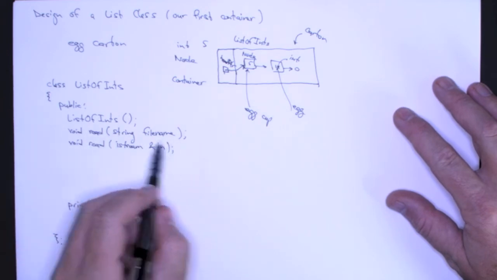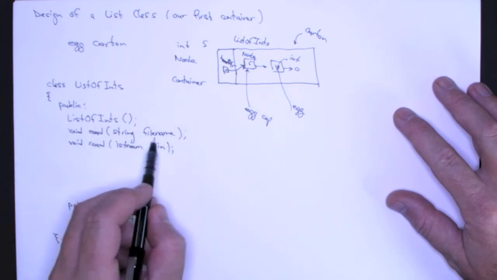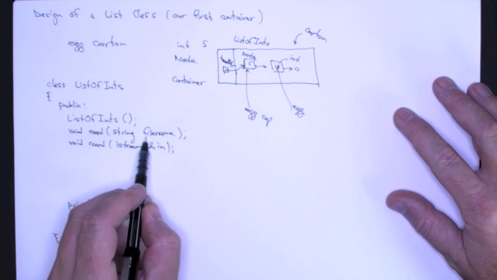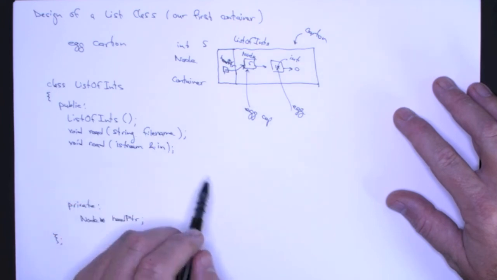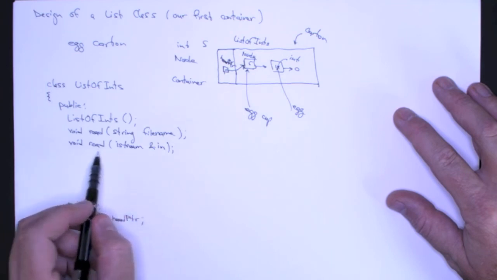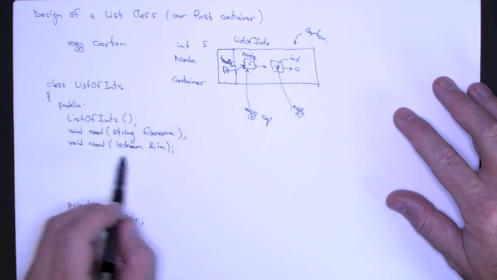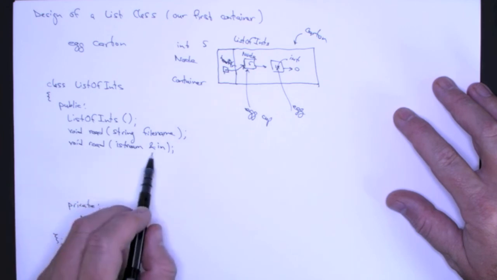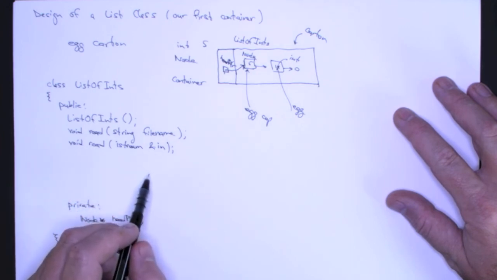This version of read is going to open a file stream based on the file name, and then it will call this read method by passing in the open input file stream. This just gives me a little more flexibility in where I can read integers from.